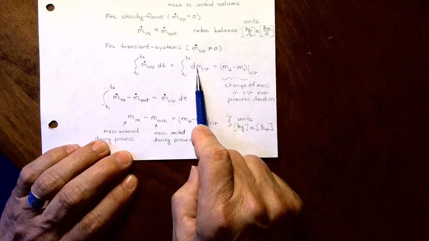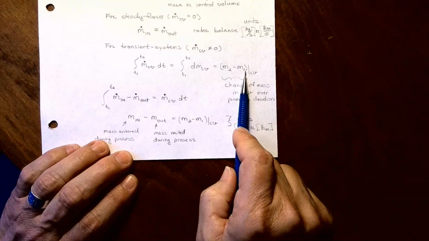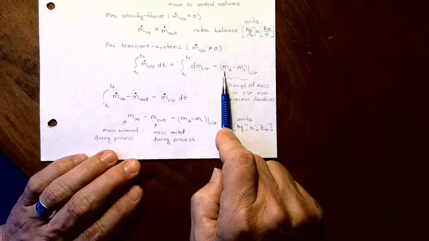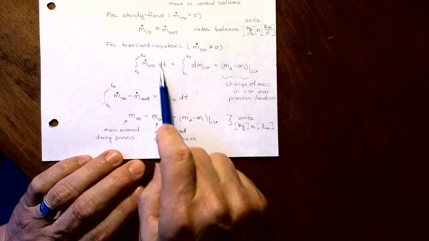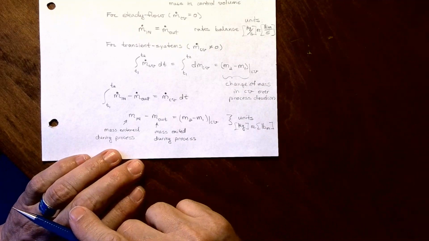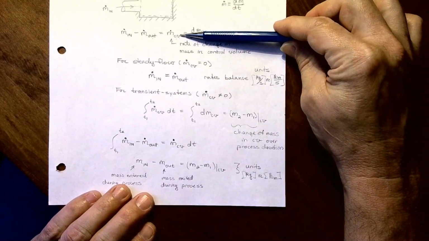The dt's cancel, and I'm going to integrate dm from time 1 to 2. So at time 1 we have m1 in the control volume, at time 2 we have m2 in the control volume. So the right hand side of our equation is going to turn into m2 minus m1, after we integrate.